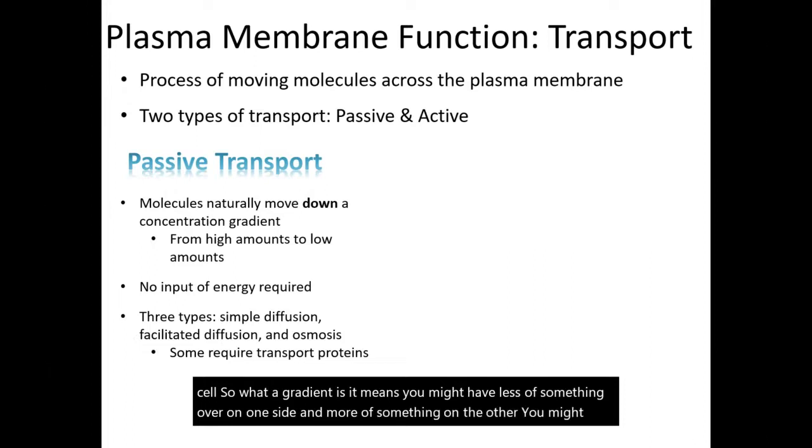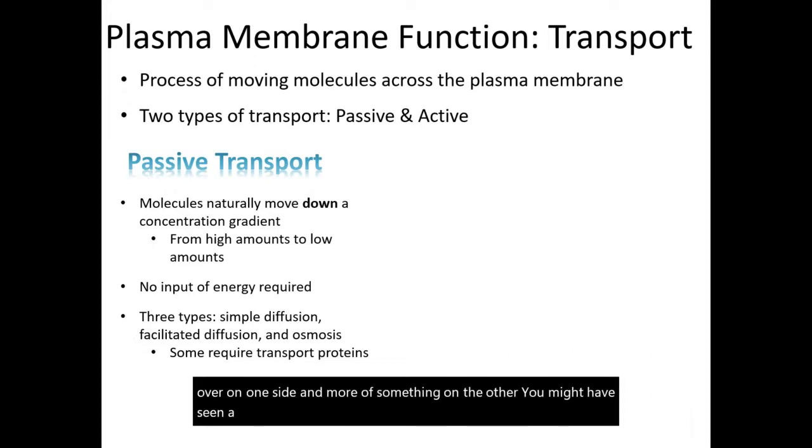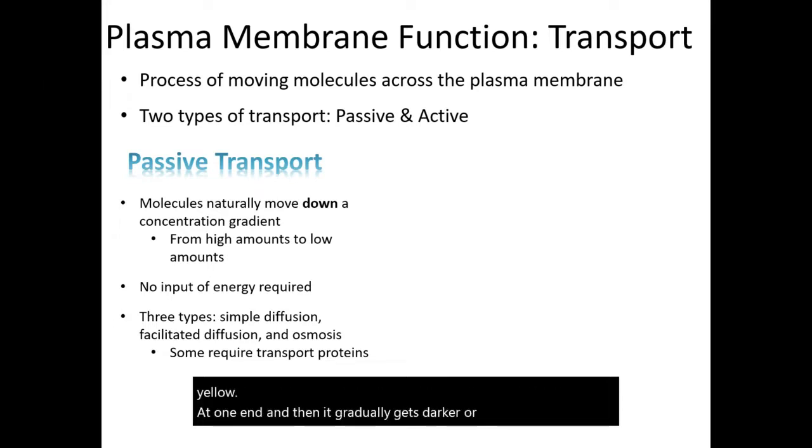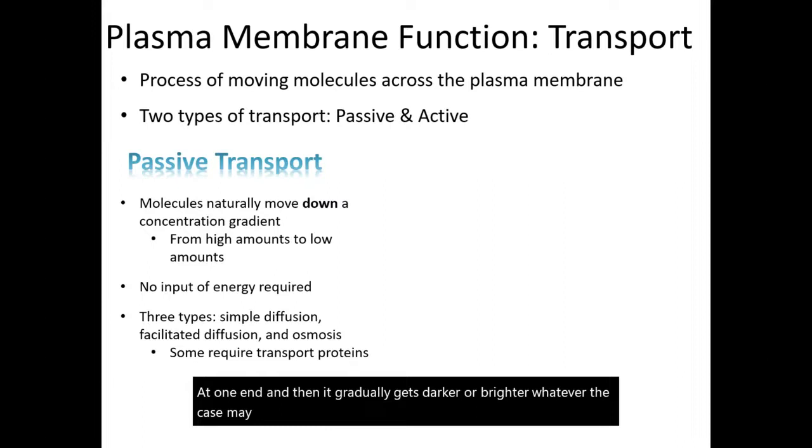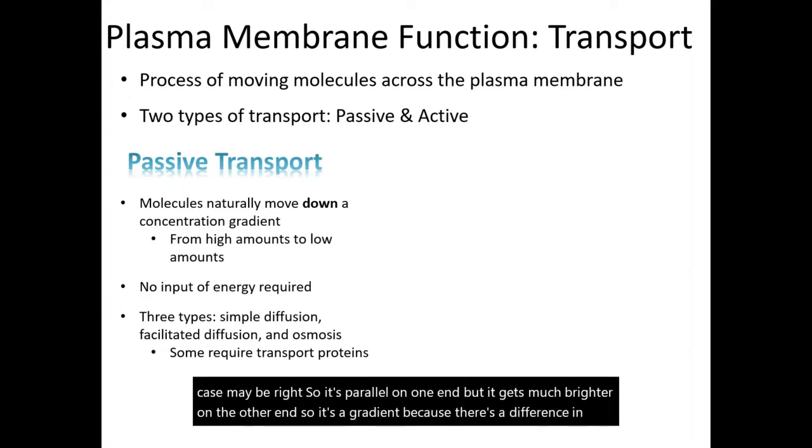You might have seen a color gradient where you have a pastel yellow at one end and then it gradually gets darker or brighter, whatever the case may be. So it's pale on one end, but much brighter on the other end. It's a gradient because there's a difference in brightness. But with a concentration gradient, we're looking at quantity. We have a little bit over here, but we have a lot on the other side.